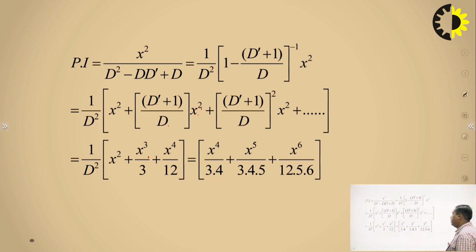Now we take 1 upon D square, which means integration two times with respect to x. So x square gives x to the power cube upon 3, then x to the power 4 upon 12, 3 into 4, then x to the power 5 upon 3, 4, 5, and next x to the power 6 upon 1, 2, 5 and 6.